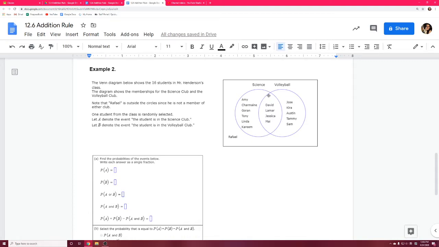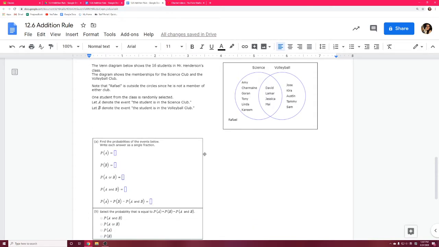And what about in the middle? In the middle, they are in both circles, which means they are a member of the science club and volleyball club, okay? And then Raphael, they already explained in the question. He is not part of either club, so he's outside of the circle. But he's still one of the 16 students in Mr. Henderson's class.